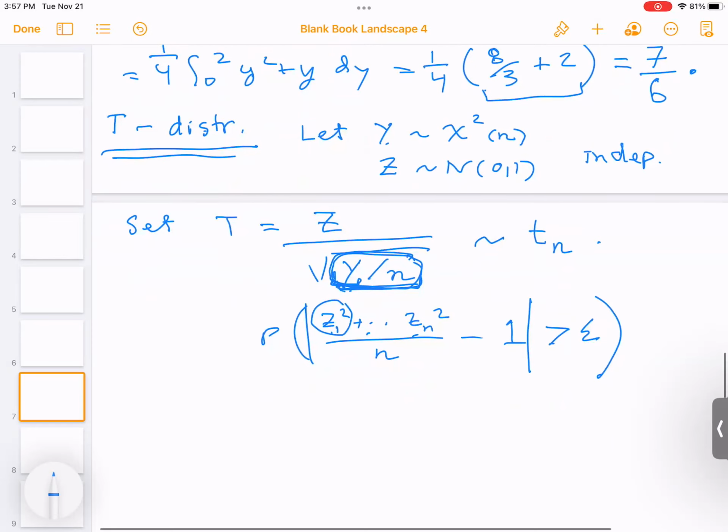What does Chebyshev have to say about this? It's less than or equal to the variance of this whole thing over epsilon squared. I'm sorry, epsilon squared is in the bottom.